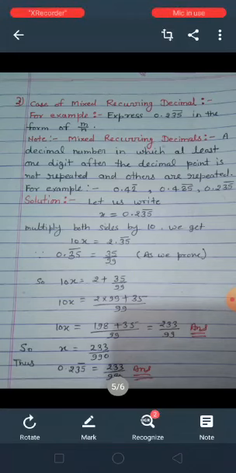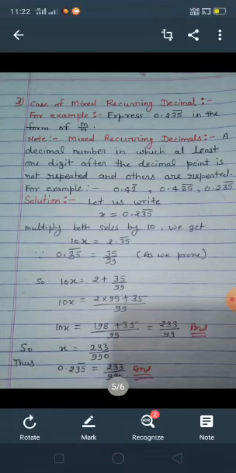Next case, here we discuss the case of mixed recurring decimal. For example, 0.235 with the bar placed on 35, in the form of m upon n. Here we have to understand mixed recurring decimal. What is a mixed recurring decimal?